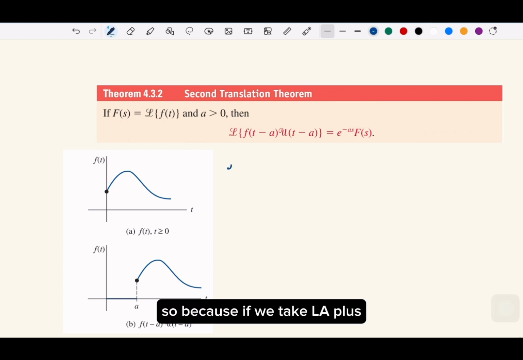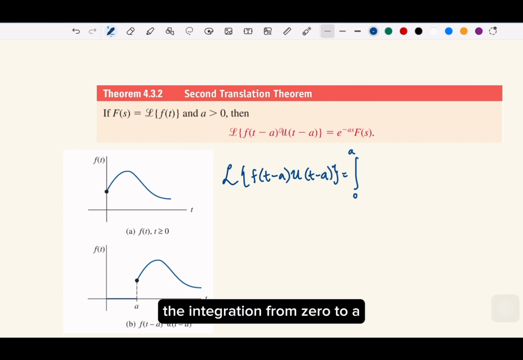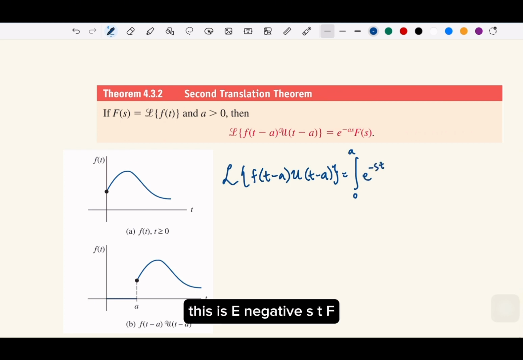Because if we take the Laplace, we take the integration from 0 to a of e to the negative st f(t).